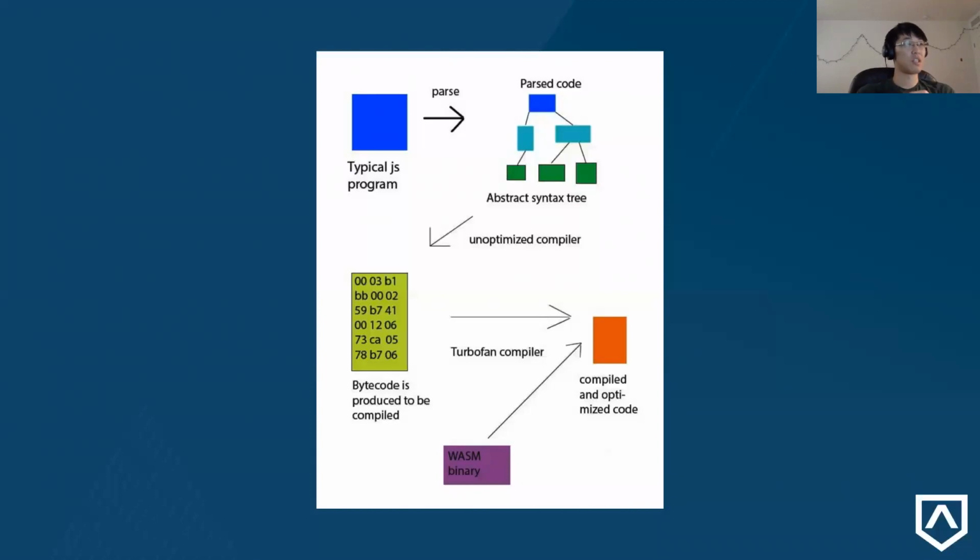But there's some slight difference in interpretation here between what I wrote down in the previous bullets and this graphic here, but it's okay. So that gets compiled to some bytecode, and then here it says it gets put through the TurboFan compiler. Not really sure what that is, but I'll take its word for it. And that compiler is what spits out the compiled and optimized code to then be executed.